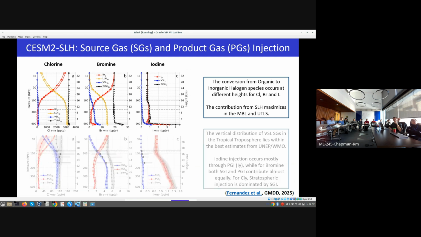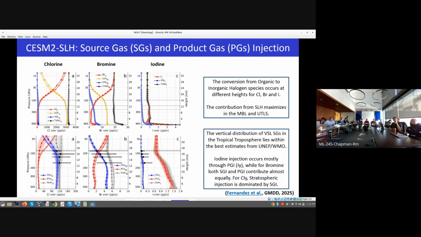So with this, we have now, and I remember Doug Kinnison saying, I love this figure, we have a complete representation of organic and inorganic partitioning of bromine, chlorine, and iodine in a model from the surface to the top of the atmosphere. And this was great. The different symbols are FC HIST and FC NACH configurations.